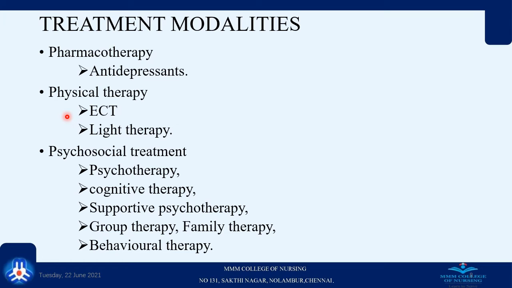When they are resistant to drug therapy, that is the time ECT is also preferred. First, 3 treatments on alternate days are given and then twice a week, usually 6 to 12 depending upon the patient response. Light therapy is given.